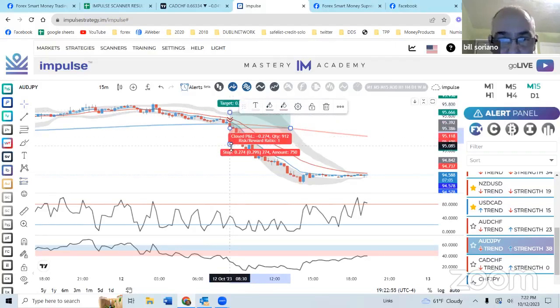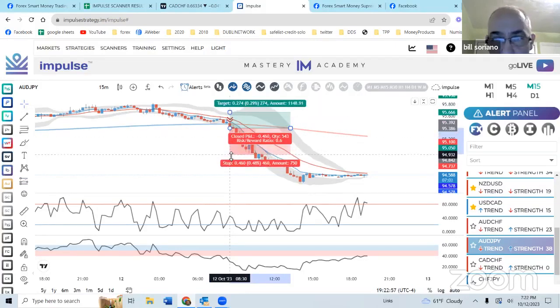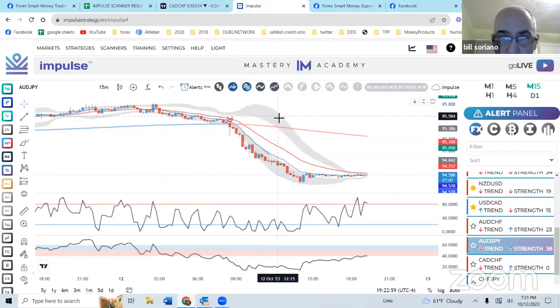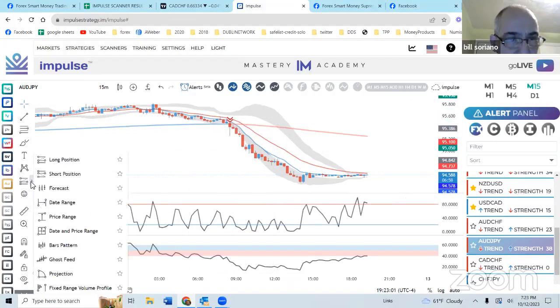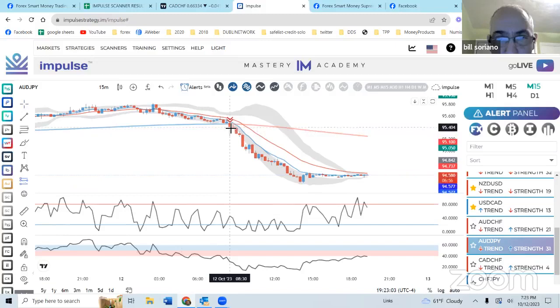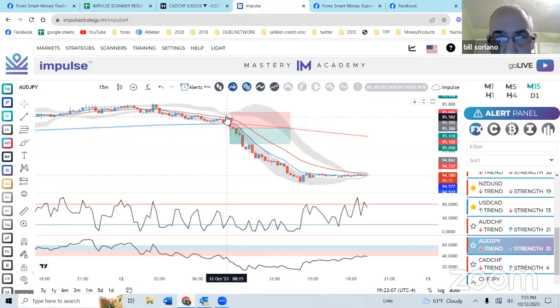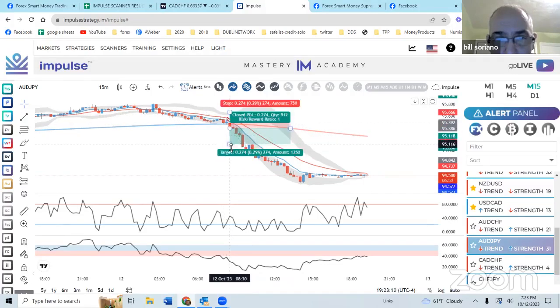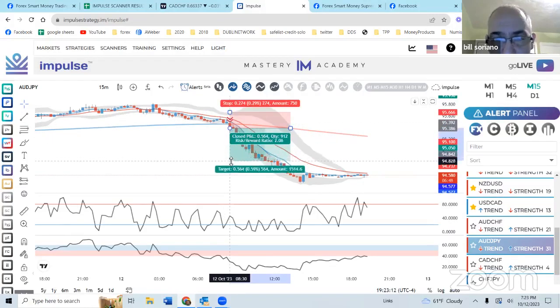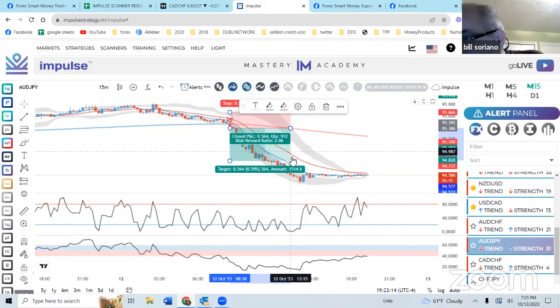There's the stop loss at the top of our, oh, we did this the wrong way. This is a short position. We get in at the close of that candle, and the stop loss goes right up at the top of that gray area there. That's the Bollinger Band. And then right here, we have a 1 to 2 win, right?